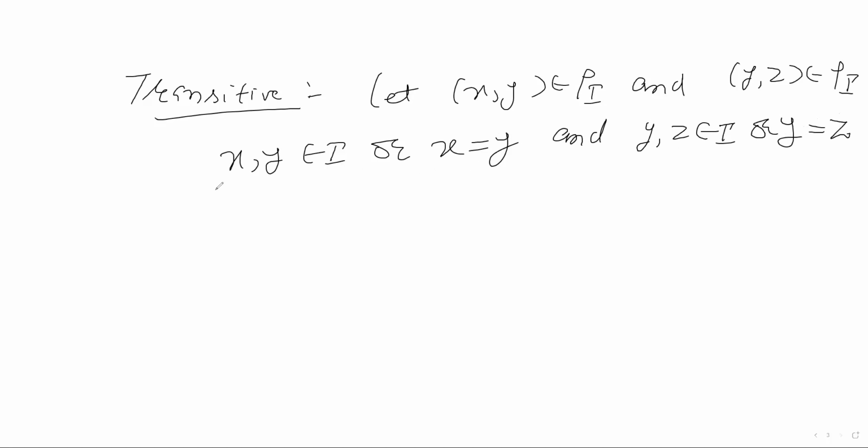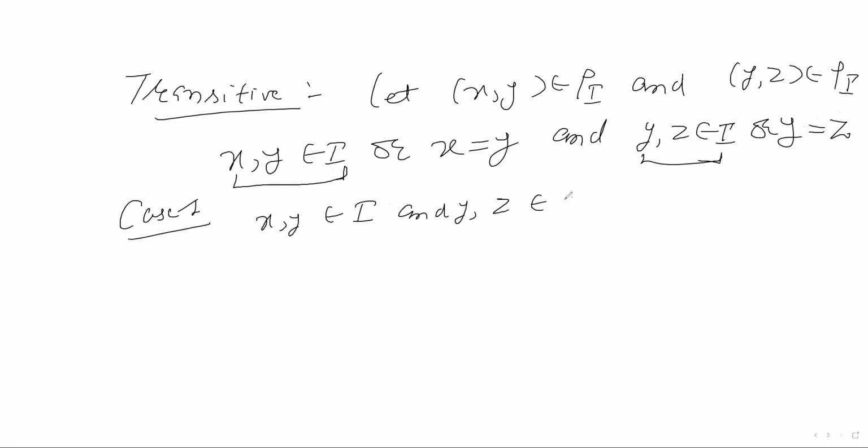So we have different cases here. So first case is that suppose you have x comma y belongs to I, and y comma z belongs to I. So this actually means that x comma z belongs to I. So this means that x comma z belongs to rho I. So the result is true in this case.